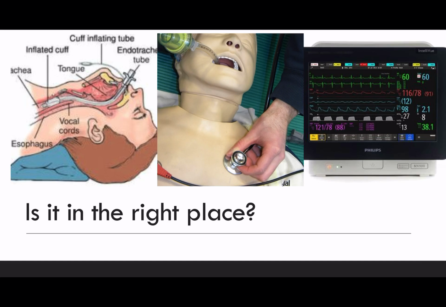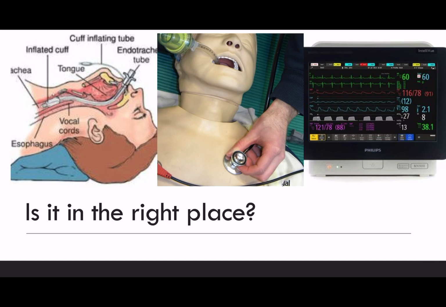Now, it is important when you're listening to the chest to listen into the armpits, because this catches the upper lobes. And sometimes you can get the right upper lobe coming off the trachea as opposed to coming off the right main bronchus. And very occasionally, that can cause the right upper lobe to collapse.